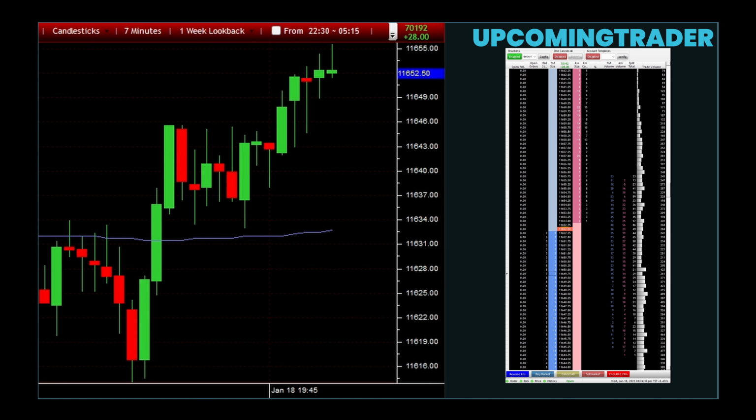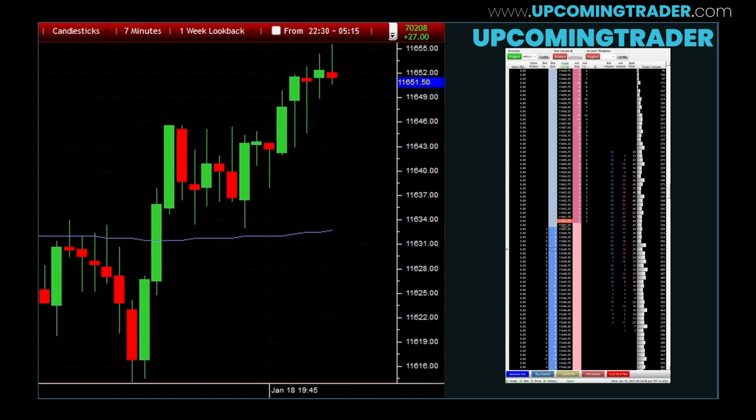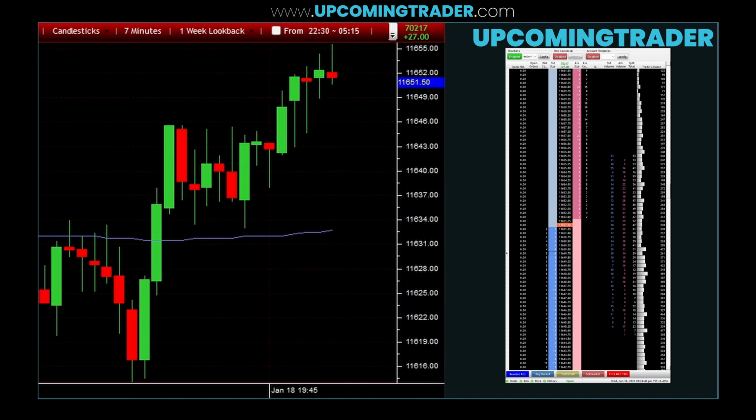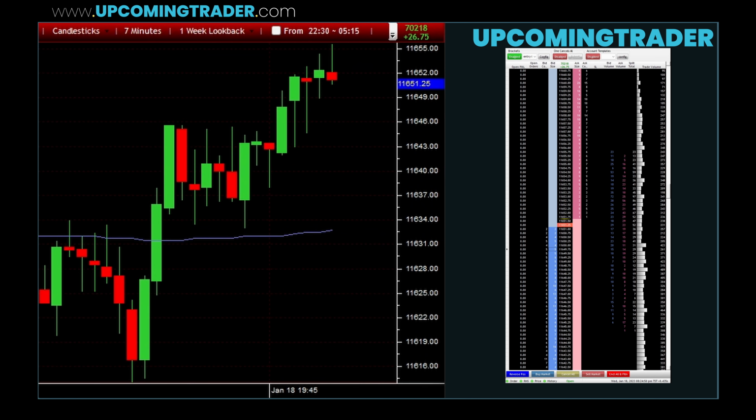One is called on balance volume, OBV. On balance volume adds or subtracts the day's volume based on whether the price moves up or down. This means that if the price closes higher than the previous day, the entire volume is added to OBV, and if it closes lower, the volume is subtracted.